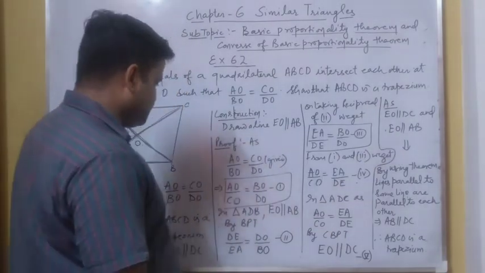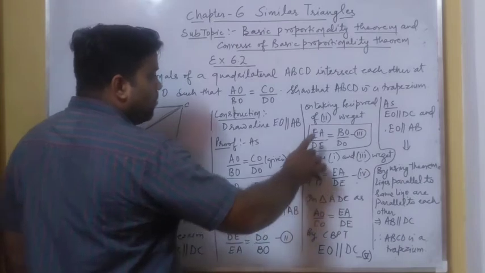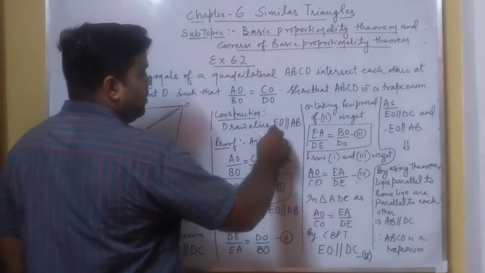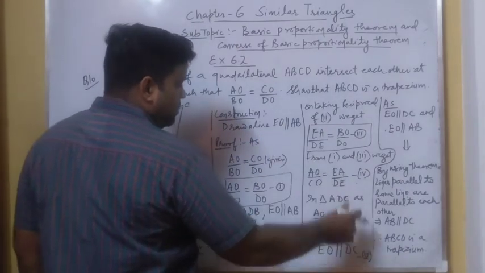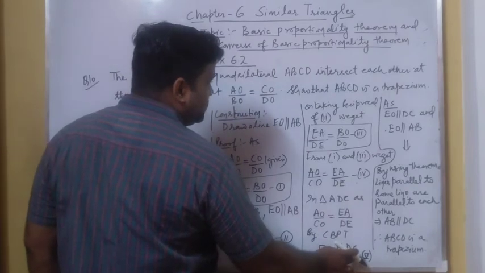So, by construction, EO is parallel to AB, and EO is parallel to DC.